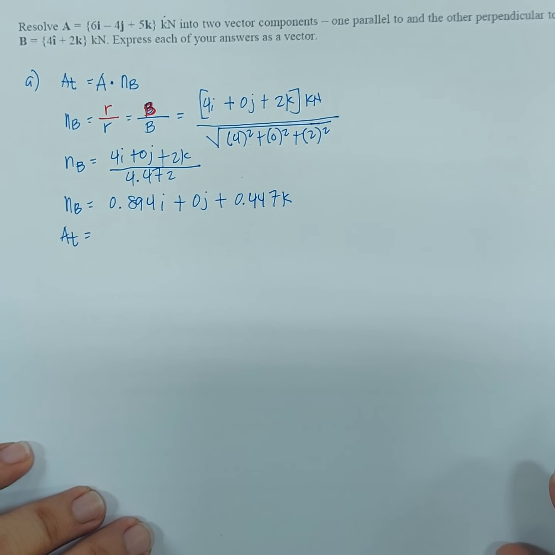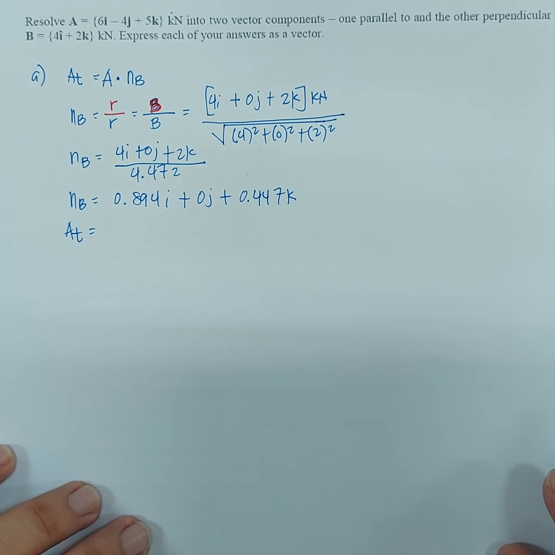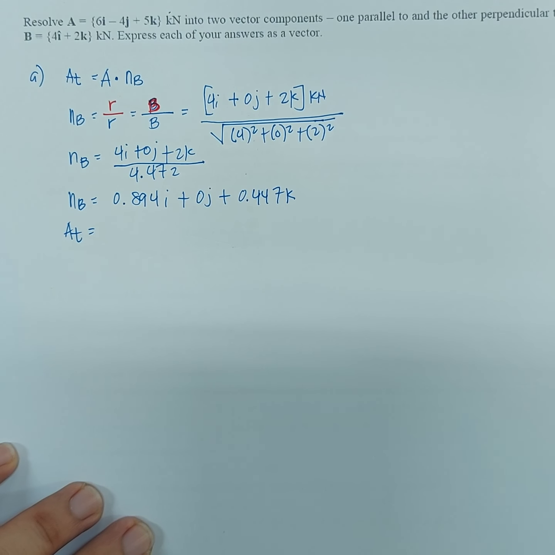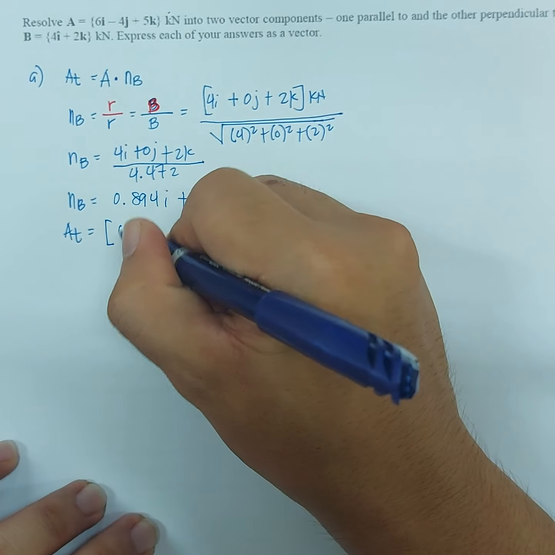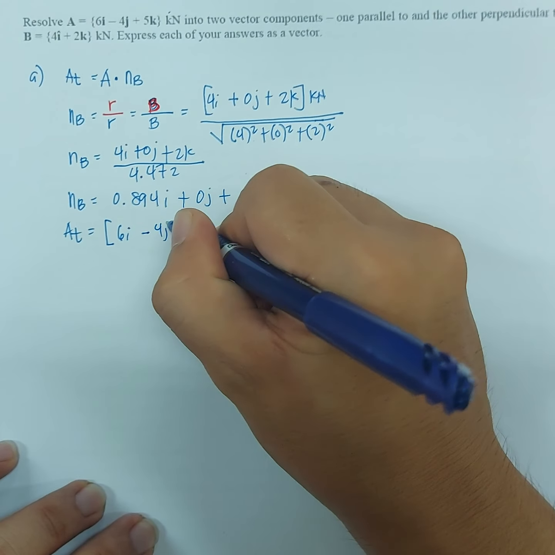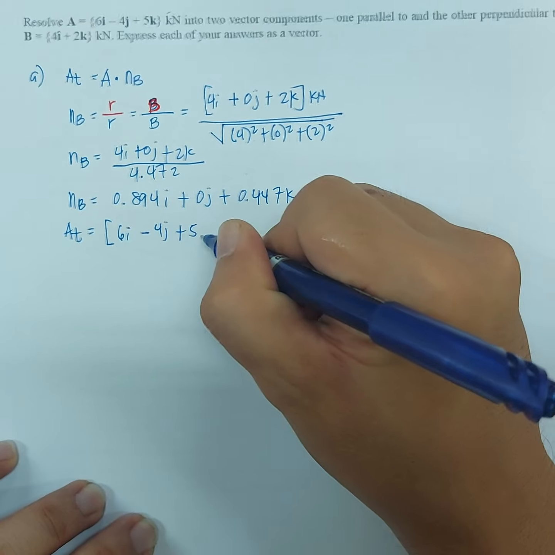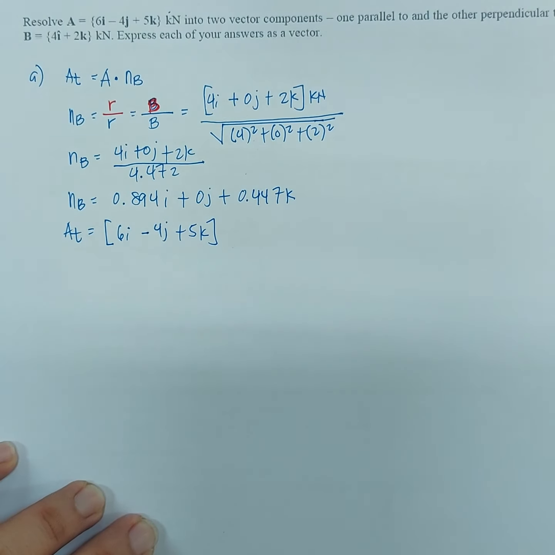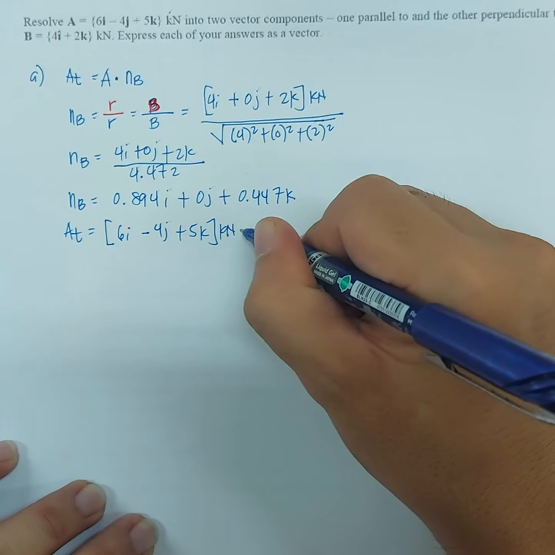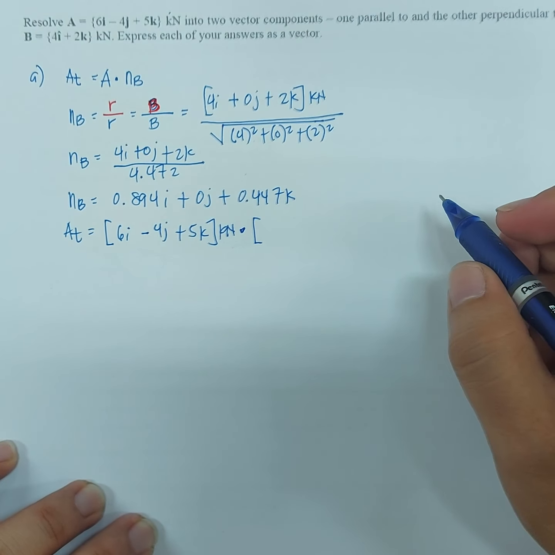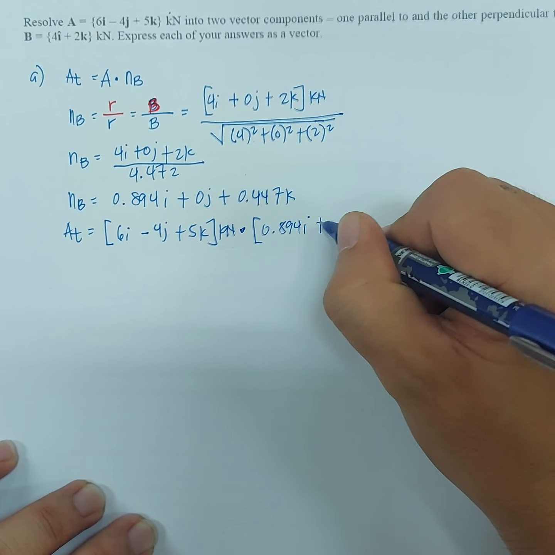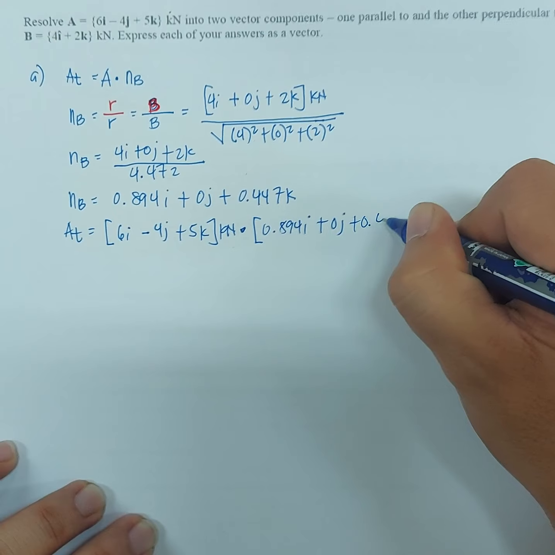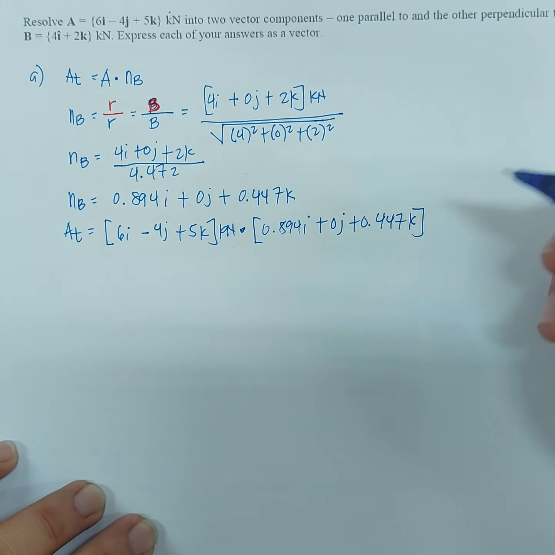So AT or A tangential, tawag natin dyan ay tangential, is equal to, we have A is 6i minus 4j plus 5k in kilonewtons. Yung unit vector natin is 0.894i plus 0j plus 0.447k.